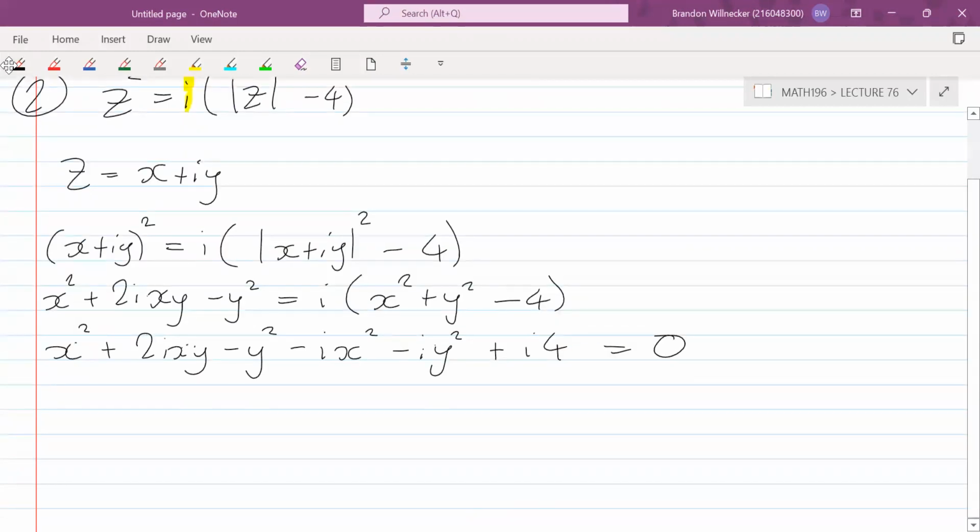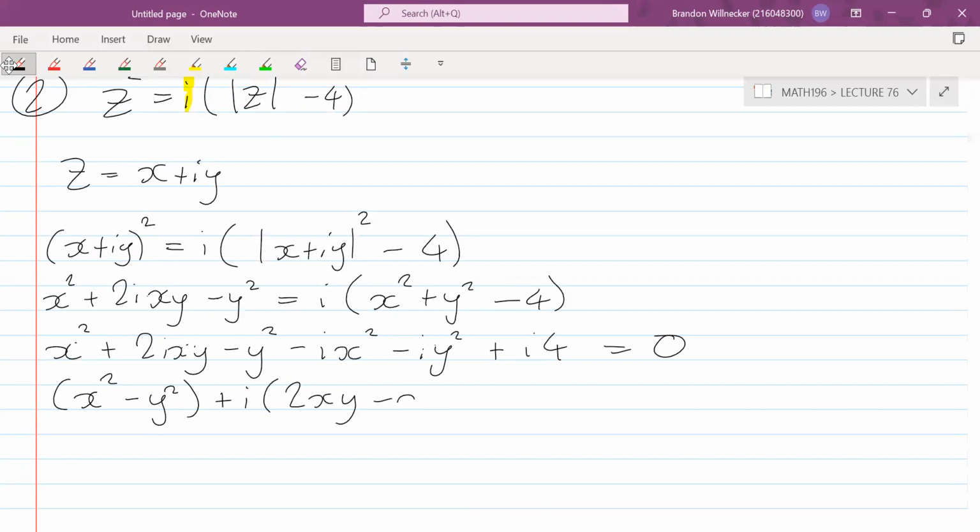So let's collect the real terms to one side and the imaginary terms to another. The real parts will be this x squared minus y squared. Those are real. And then everything with an i is going to be part of the imaginary part. So we're going to have plus i, 2xy.